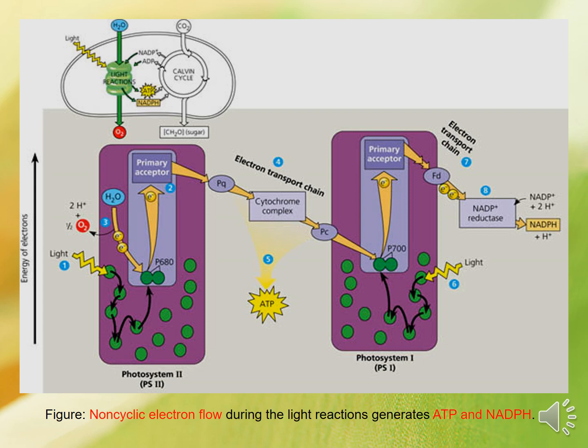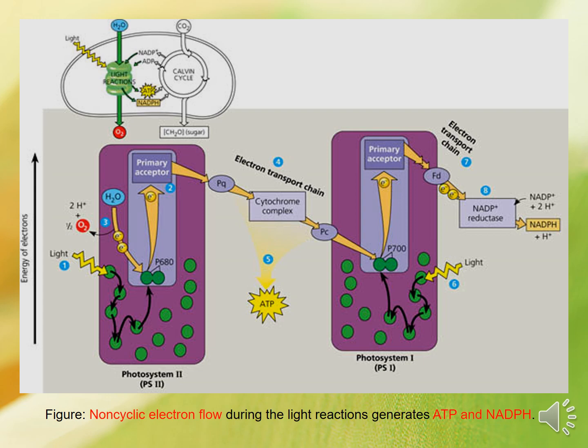After step number 6 comes step number 7. Before step number 7, the electron from photosystem 2 going down the electron transport chain fills the hole at P700. Then at step number 7, the electron excited from P700 is passed to the next electron transport chain.